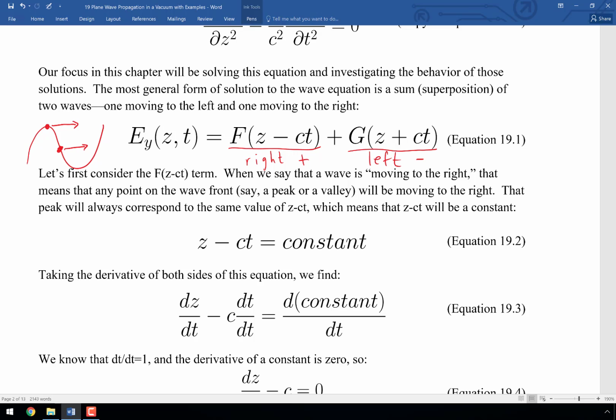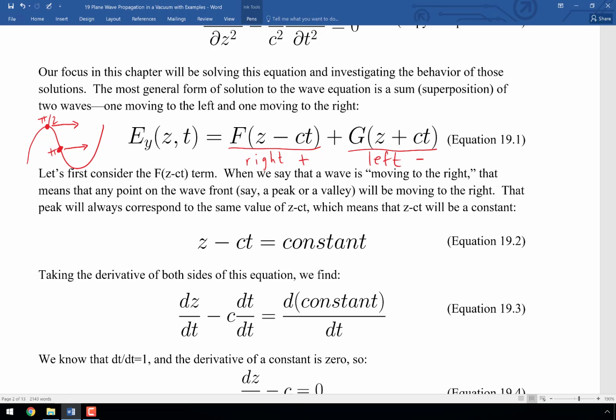If that particular point maintains its characteristic, whatever that was, the sine or the cosine, it's going to need to be constant. So, for example, this point would correspond to a sine of pi over 2, and this point would correspond to a sine of pi. Whatever point we've chosen, it'll correspond to a particular value, and that value is going to remain constant.